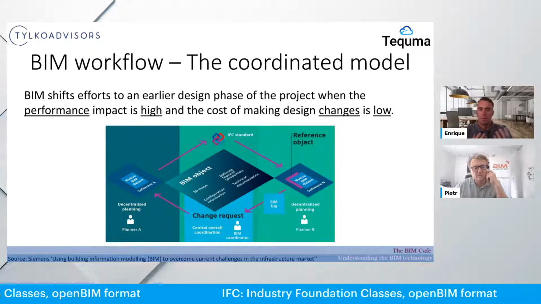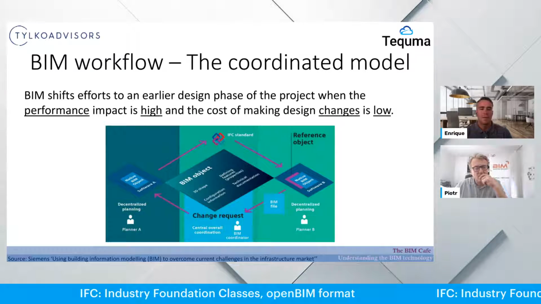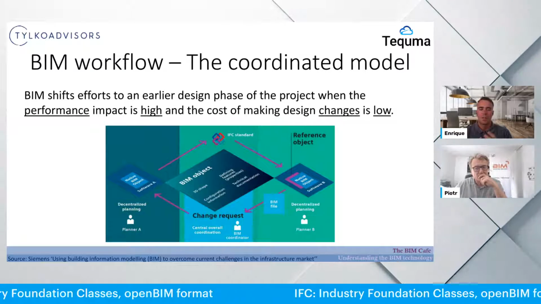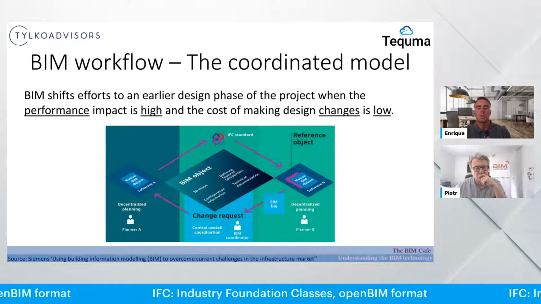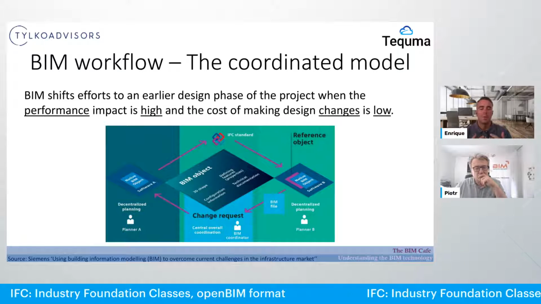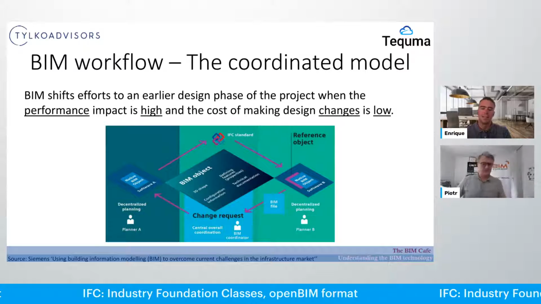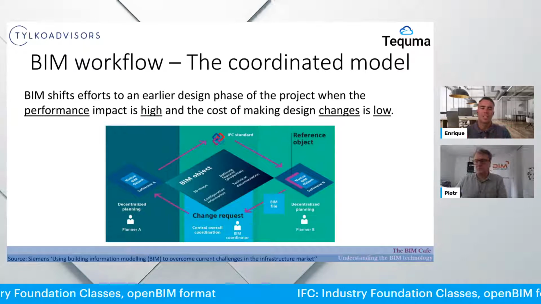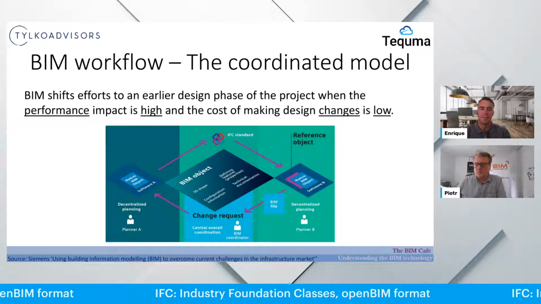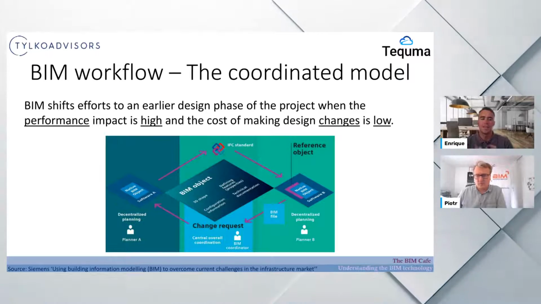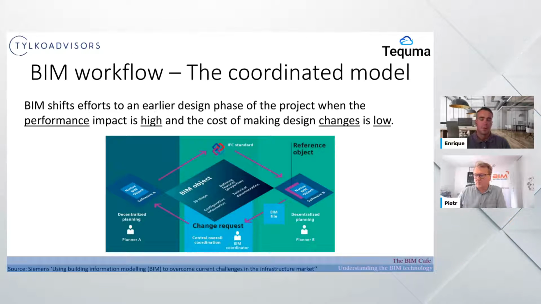One of the parties, one of the planners, takes the model, makes the work or the changes, and sends it again to the coordinator, who will be the one to implement those changes into the main model, and the next party that wants to make changes can take it from there and have the latest update. So this is how the work process flows in BIM.